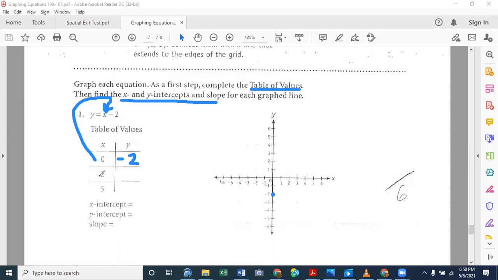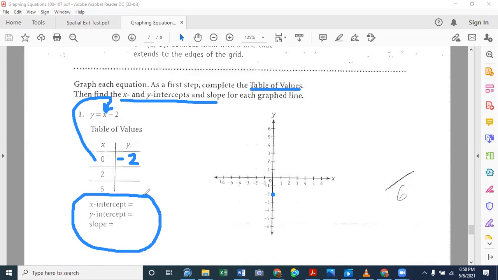And then you would plug 2 in and figure out what the y value is and plot that point. And you would plug 5 in and see what the y value is and plot that point. And then you would graph your line by connecting your dots, whichever way they land. And then you would find your x-intercept, your y-intercept, and your slope.